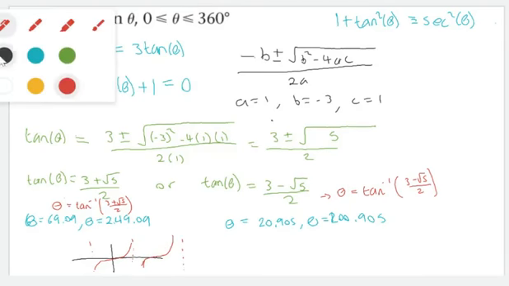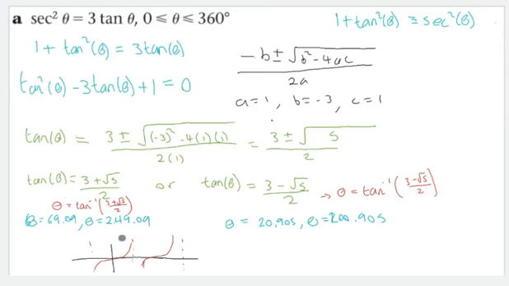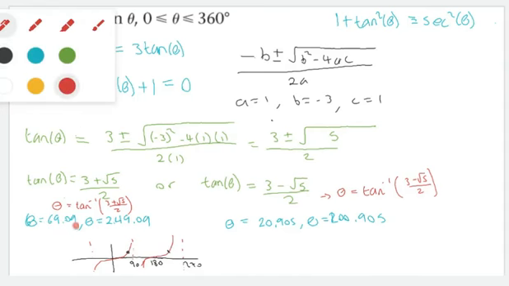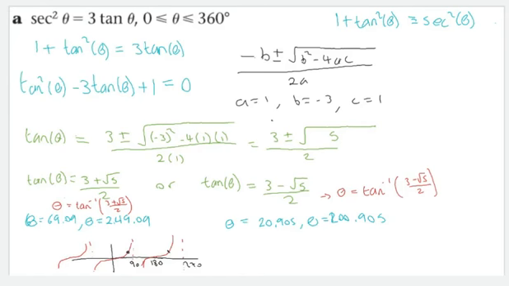You get that this is 90, 180, 270. Basically, any 2 points where the tan graph repeats itself are always going to be 180 degrees apart. So if you got a particular value for tan, just add or subtract 180 as many times as you need to get other solutions that are in the range.